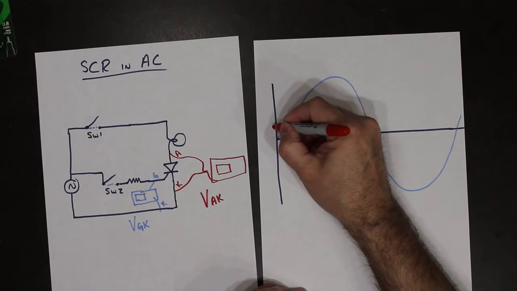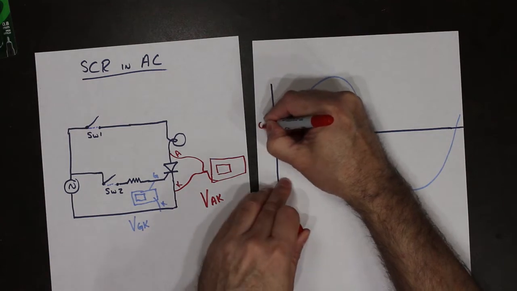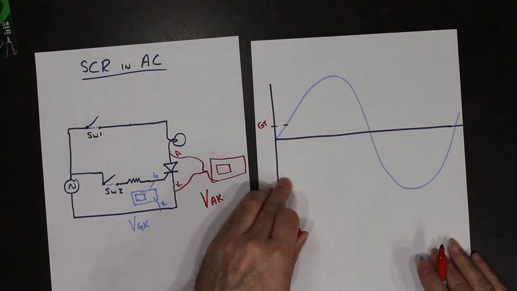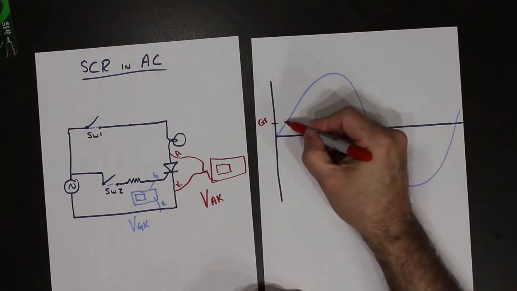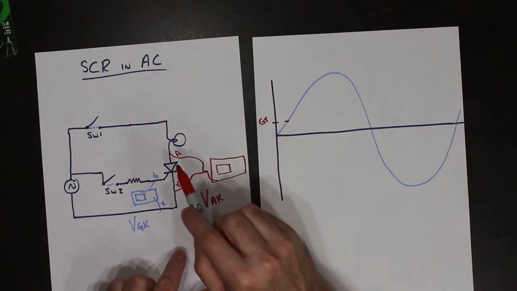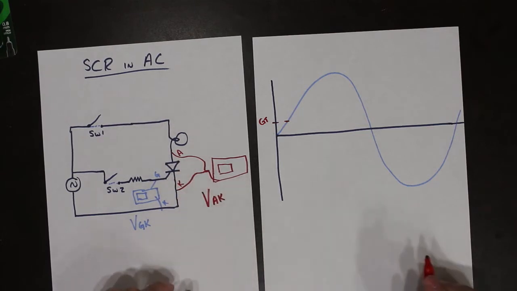At that moment in time, and we will call this the gate trigger voltage, we have the conditions required to turn this thyristor on.